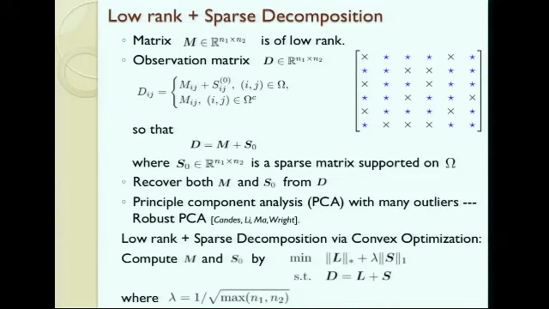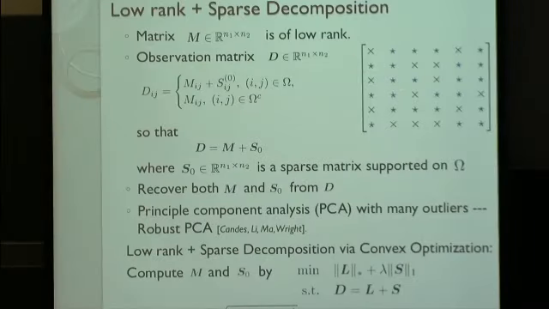Of course, the main thing is their work is based on this low rank plus sparse decomposition. So the problem is the following: if you have a matrix M, and this matrix M is low rank. Sorry, you don't observe the matrix M itself, but you know there's a low rank matrix, and a small set of its elements or entries are perturbed by some sparse matrix.